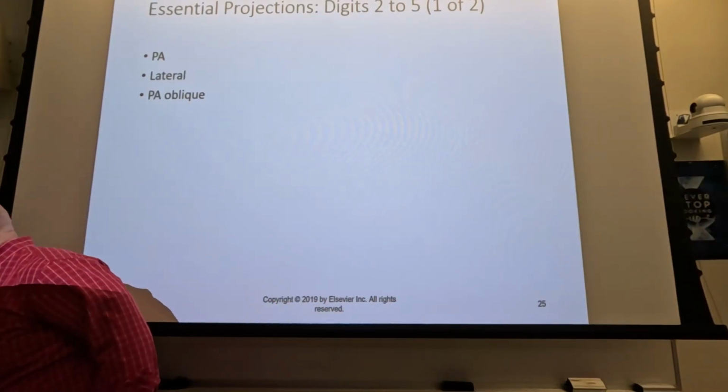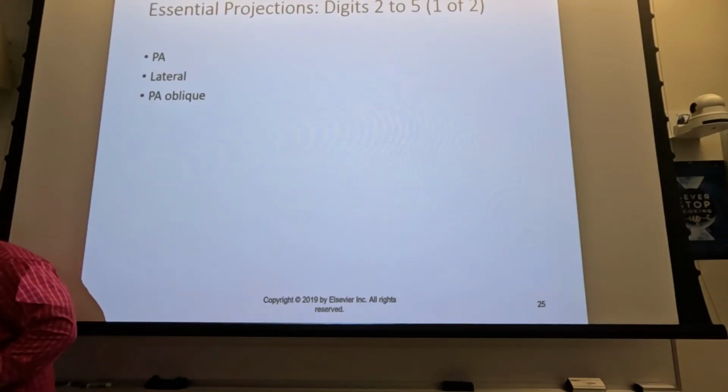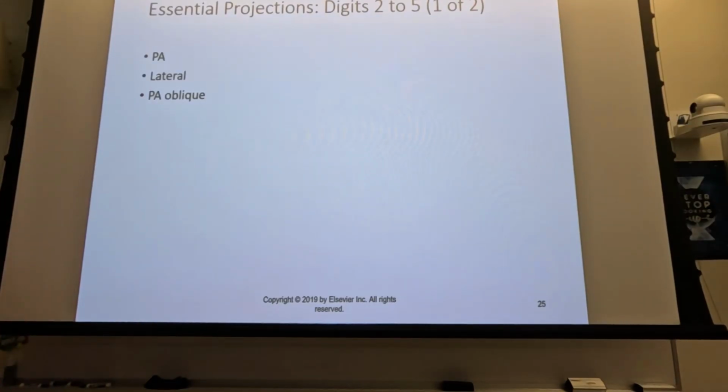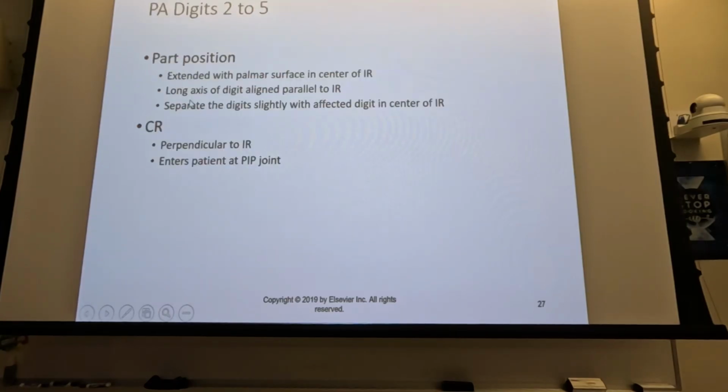Okay, so any questions on individual fingers? On all three of these, PA, lateral, and oblique, the central ray location is the same and the collimation is the same: proximal interphalangeal joint. PA, fingers extended; lateral, finger extended; oblique 45 degrees.